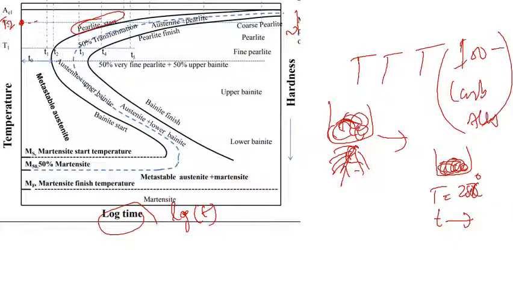So you will notice that the perlite, after some time, transforms to austenite, and then after some time it transforms to perlite, and then to the coarse perlite, right? So basically these graphs are isothermal phase transformation diagrams, right? So isothermal means that at constant temperature the phase of these different alloys changes, right?